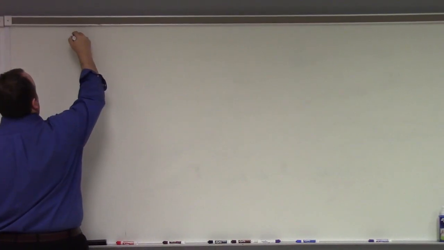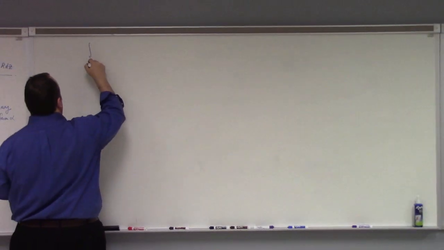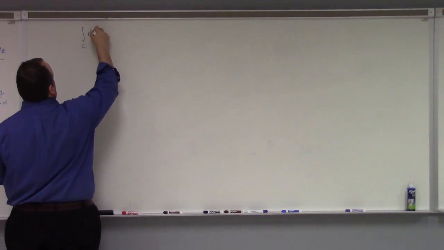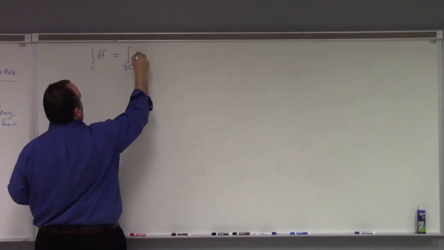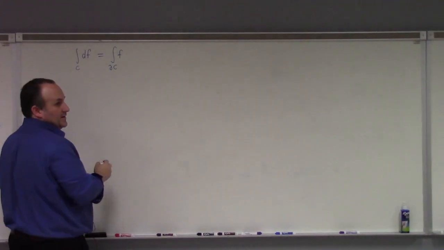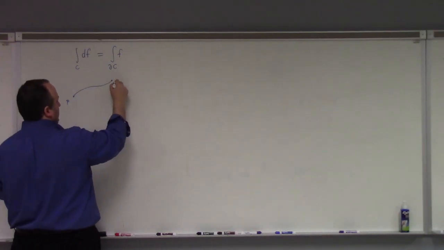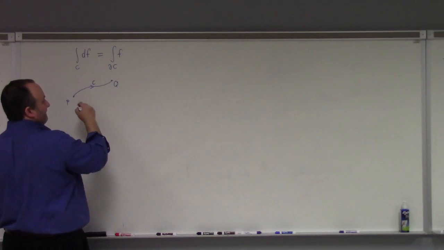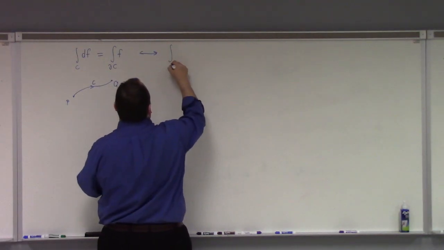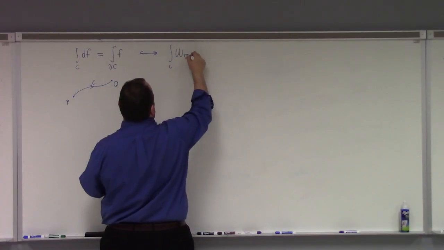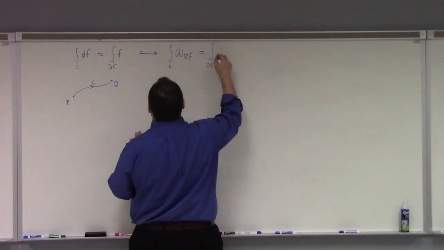So we know that the integral over a curve of df should be the integral over the boundary of the curve of f. So if I think about a curve going from, say, point P to point Q, then this translates into the integral over the curve of the work form of the gradient of f is equal to the integral over the boundary of the curve of f.